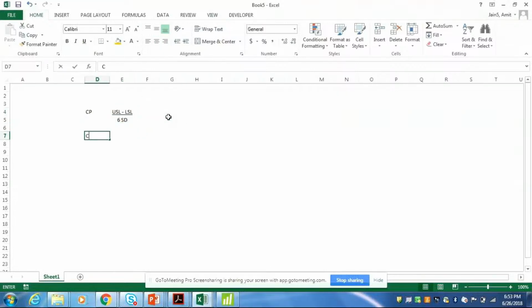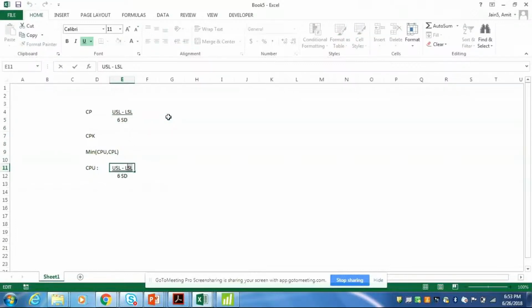Now CPK, how is it calculated? It is the minimum of CPU or CPL, right? CPU is calculated as USL minus mean by 3 standard deviation.